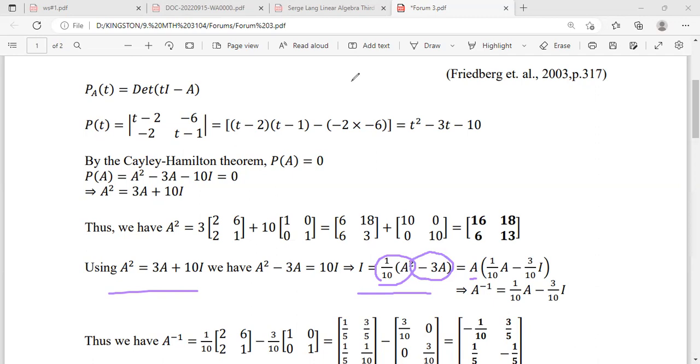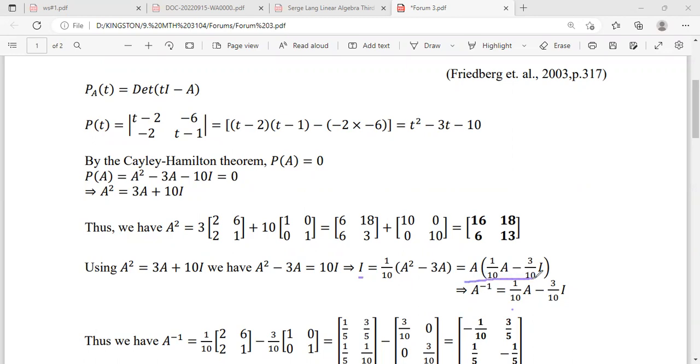So I've now gotten that the identity is equal to A into 1/10 of A minus 3/10 of I. That is what I is equal to. It's equal to this part here.